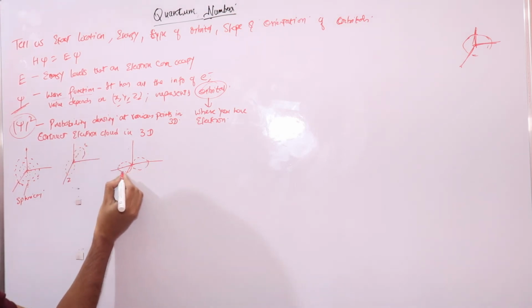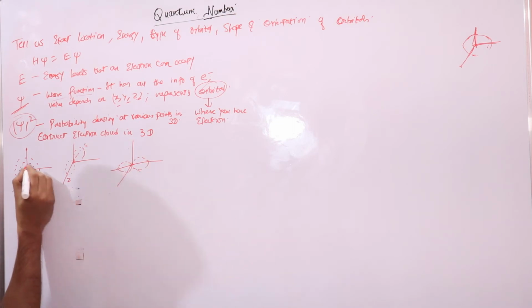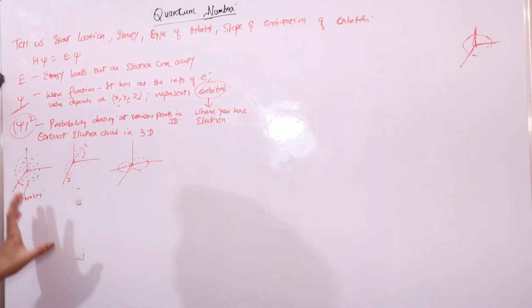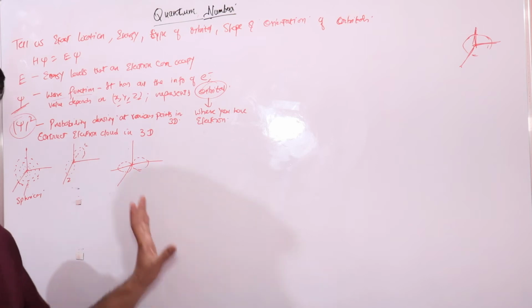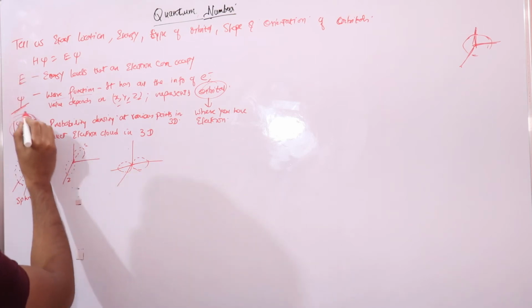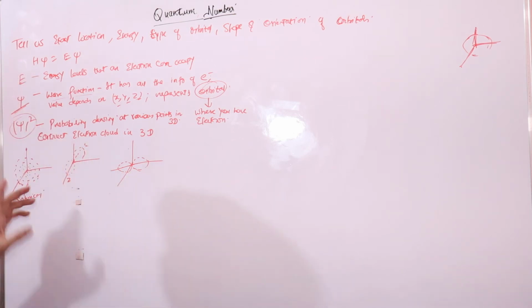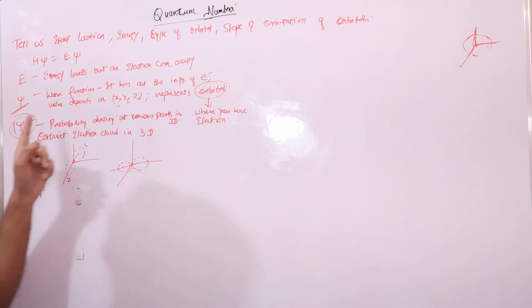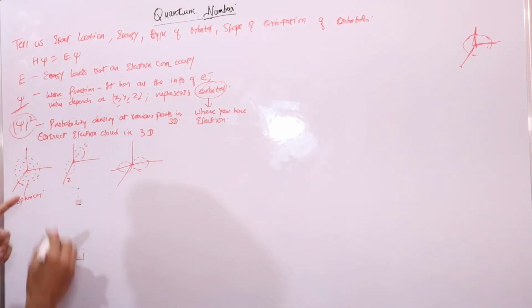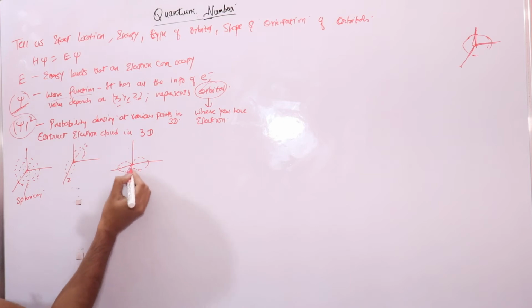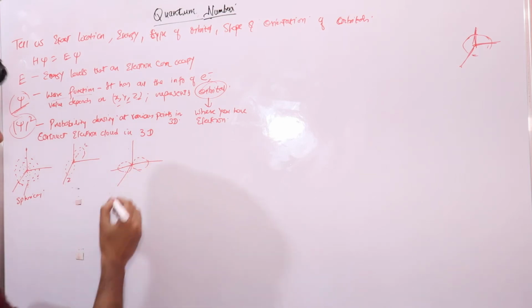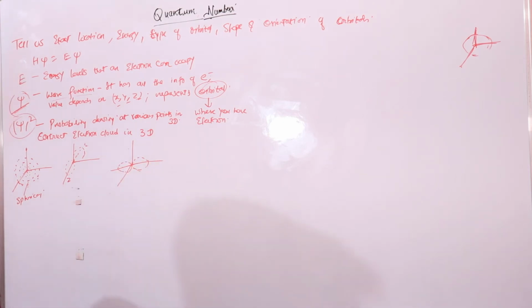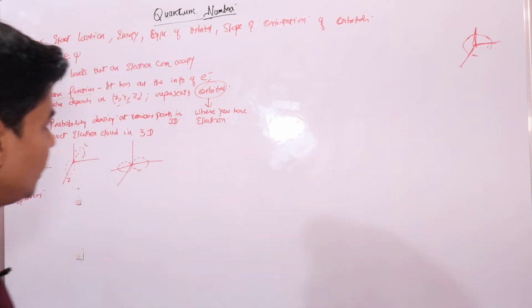So these kinds of electron clouds you will get when you find the probability of an electron using the value of psi square. That is why we say that psi represents an orbital, because using this value of psi you construct these electron clouds, and these electron clouds are nothing but orbitals where you have electrons, right?